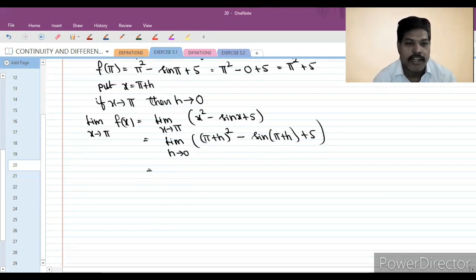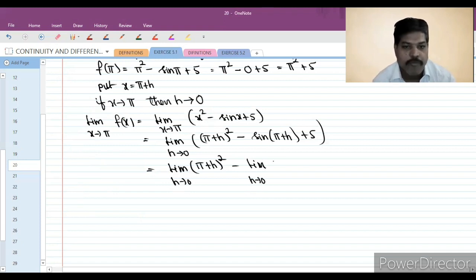So if you apply it, limit h tends to 0 of pi plus h whole square, minus limit h tends to 0 of sine of pi plus h. That means sine of a plus b. What is the formula, students?